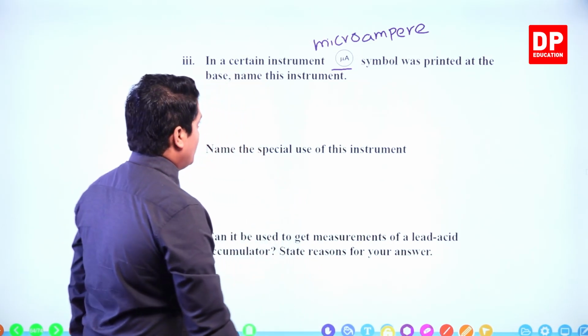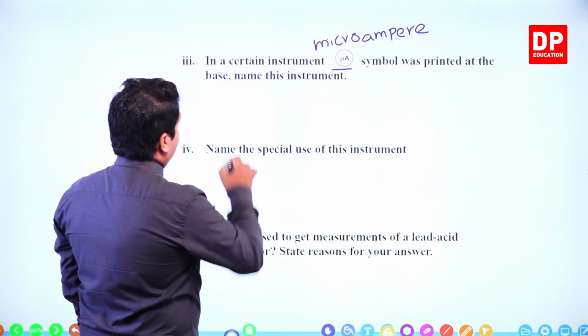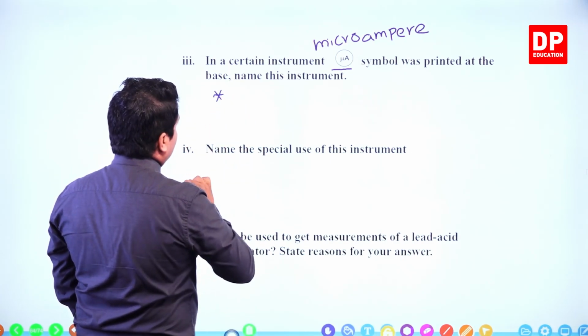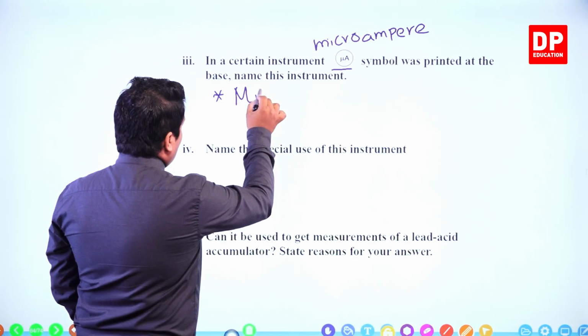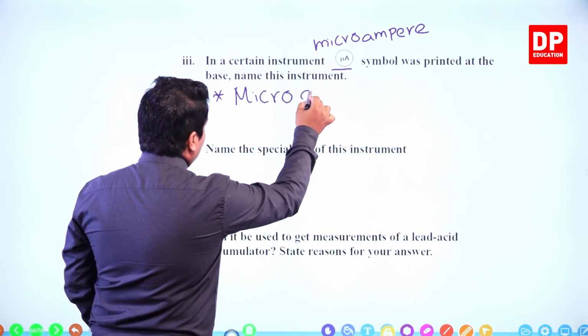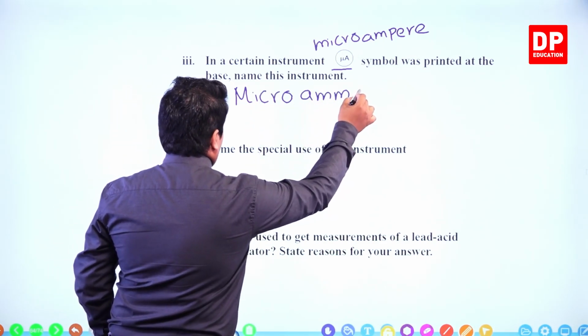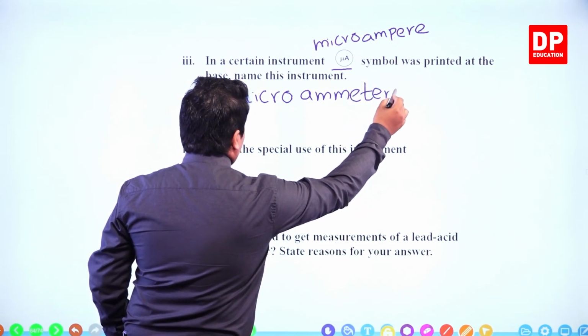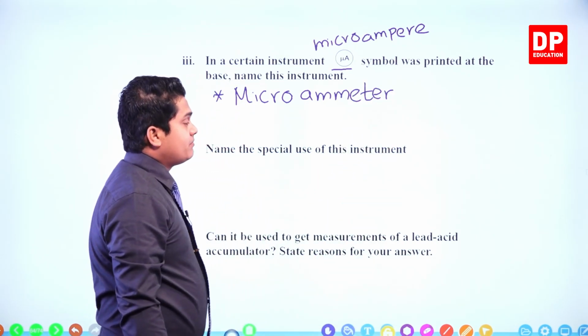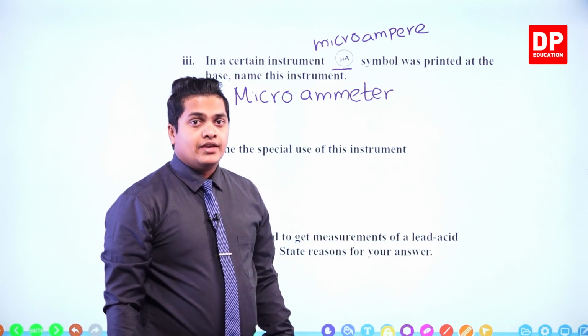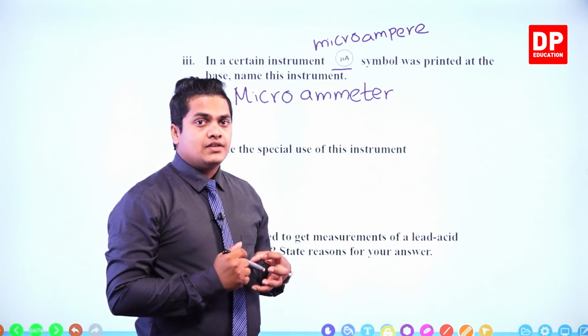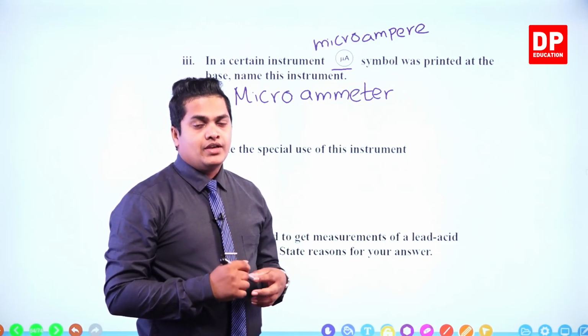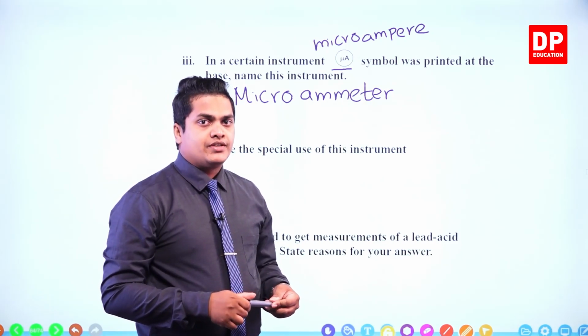Right? So you can write the answer: microammeter. This should be a microammeter because that's why this microampere unit is being printed on the base of this instrument.